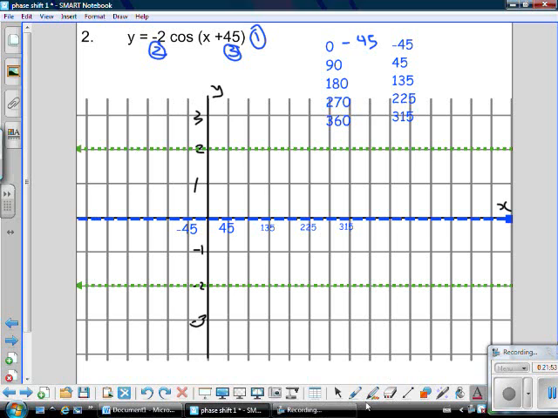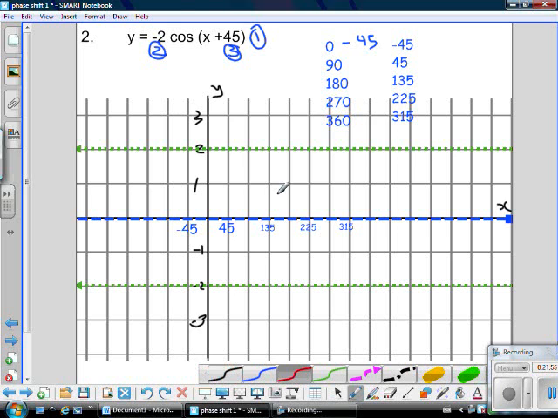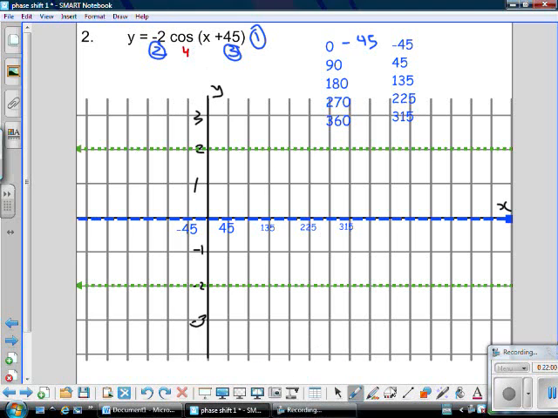And the last thing that we need to do is look to see whether we're dealing with sine or cos. So this time we're dealing with cos. Cos normally starts at the top position. So again, it starts at the top position, but this time it starts at negative 45. We also have a negative going on, so normally it starts at the top at negative 45, but because it's negative, it goes at the bottom.